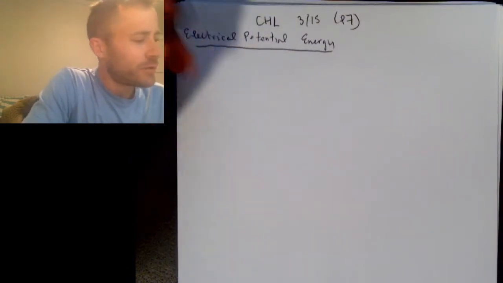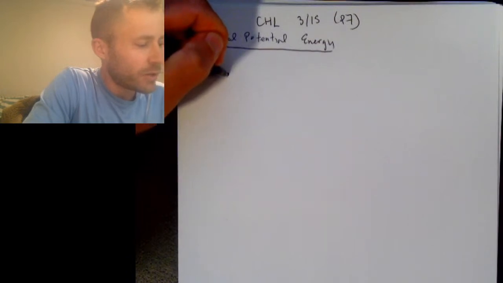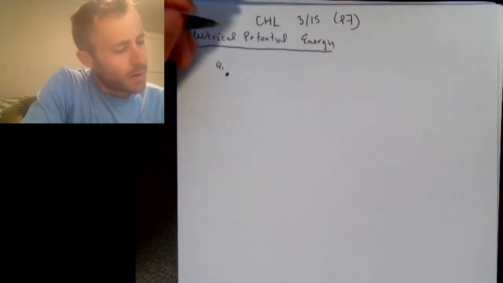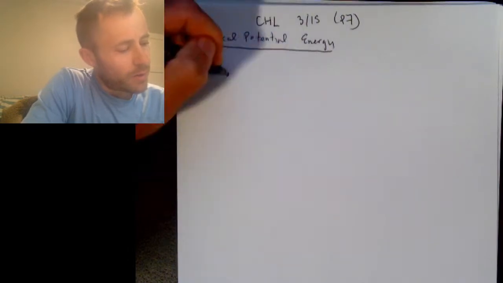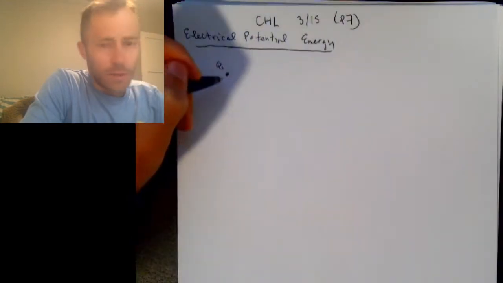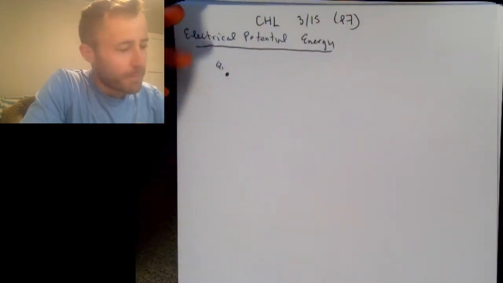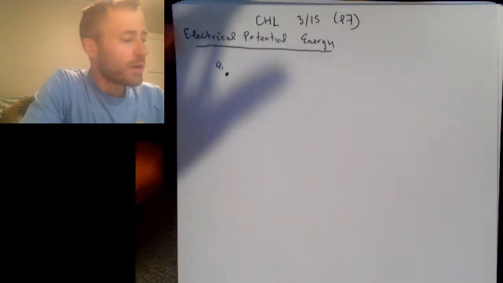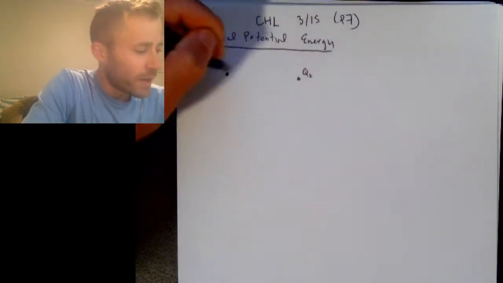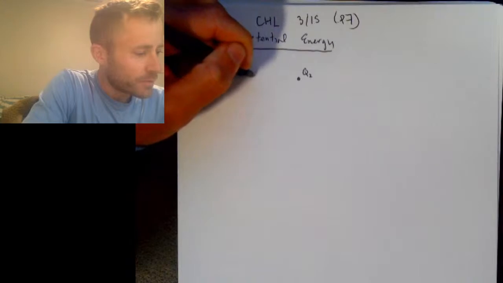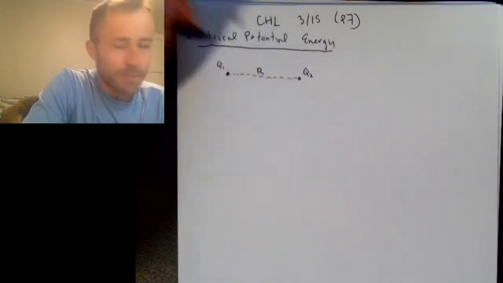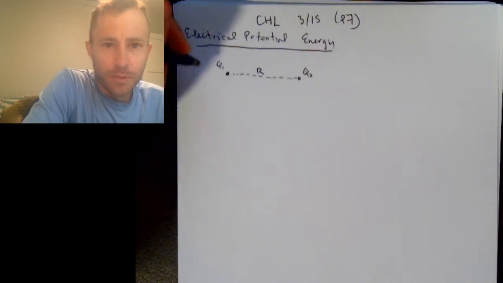So let's imagine that you have a charge Q1, and that charge creates an electric potential around it. And then we put a charge Q2 in that electric potential, and it is a distance r away from the charge.